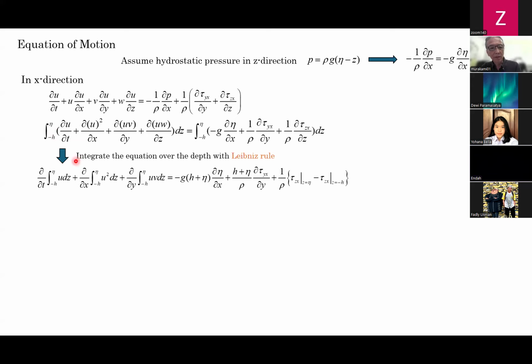So we get this kind of equation from the X direction equation of motion. And this equation includes tau. Tau is the shear stress acting on the water surface and on the sea bottom.